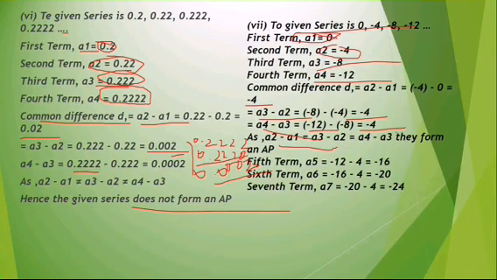So the fifth term will be equal to minus 12 minus 4, that is minus 16. Sixth term, minus 16 minus 4, that will be equal to minus 20, and seventh term will be equal to a7, that is minus 20 minus 4, that is equal to minus 24. So finally we have completed this answer.